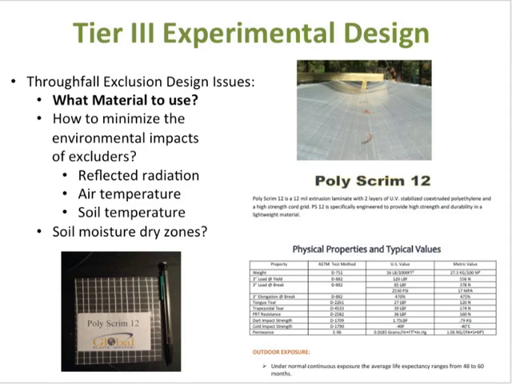But it's very tough. It's got a 48 to 60 month exposure rating in full sun. So the folks with the company I've been working with feel certain that it will hold up for the 5 years at least for our project, given that we're going to be under partial to full canopy by the end of the study.